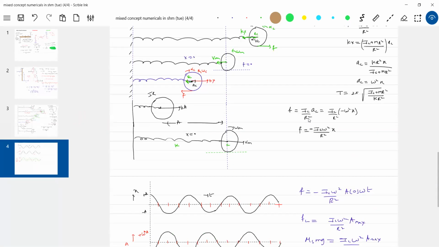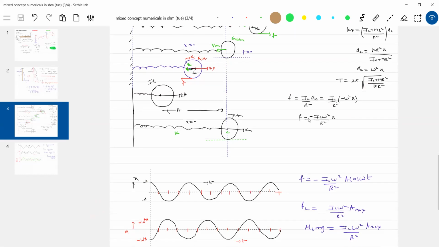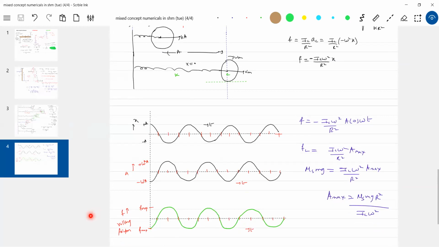Omega is this particular thing; we have to bring it from here. Omega square is what we need. Substituting that, we can solve. Getting the idea?